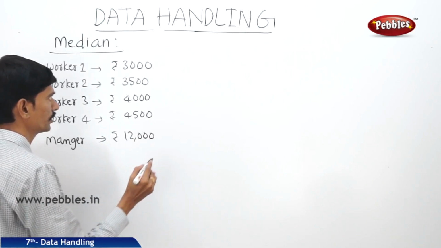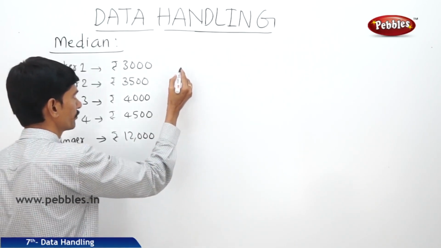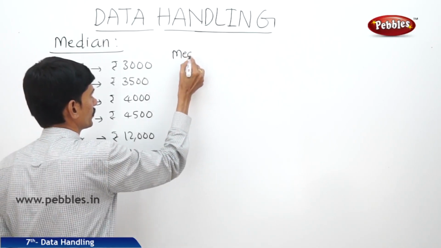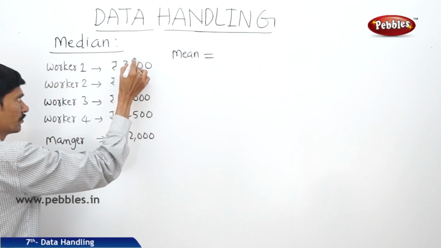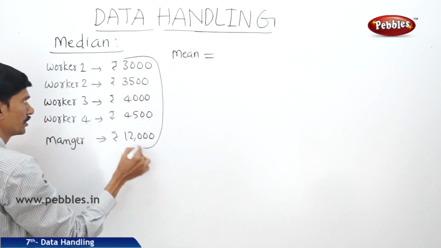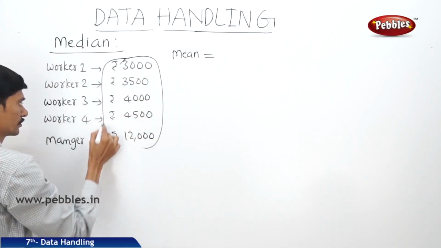Now the average salary or mean salary equals the sum of all the observations, meaning the sum of the total salary of all the workers.